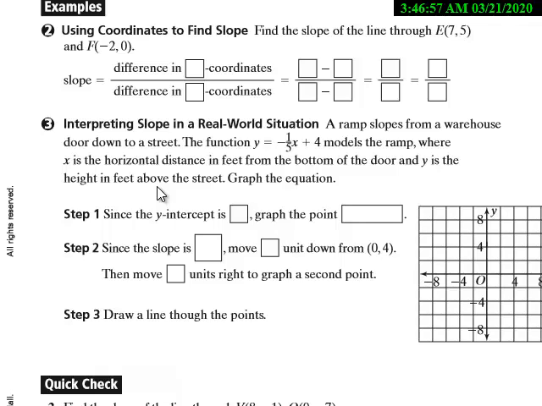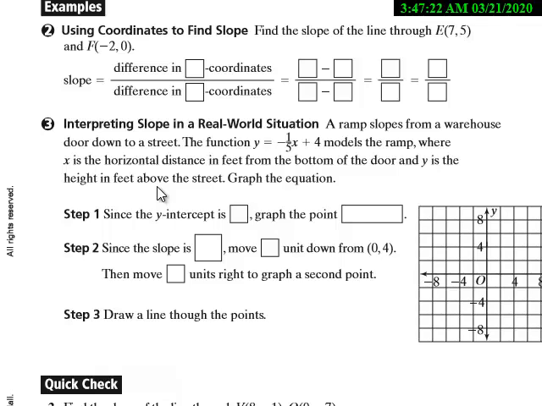So I'm going to use y2 minus y1 over x2 minus x1. I'm going to highlight E, which is 7 and 5, as x1 y1, and F as x2 y2. So the slope equals the difference in y over the difference in x coordinates. So here, y2 minus y1 over x2 minus x1. The y2, where is it? It's going to be 0. y2 is going to be 0.